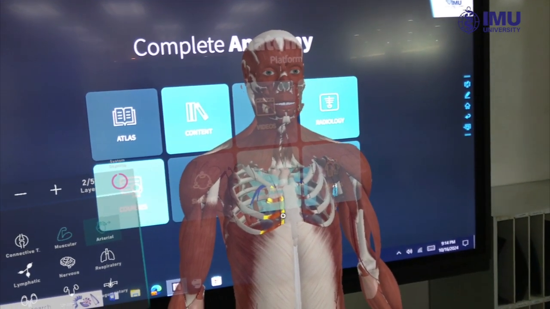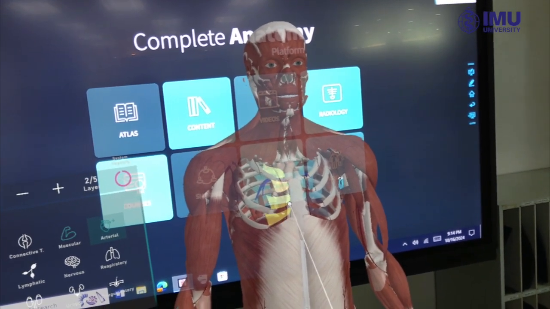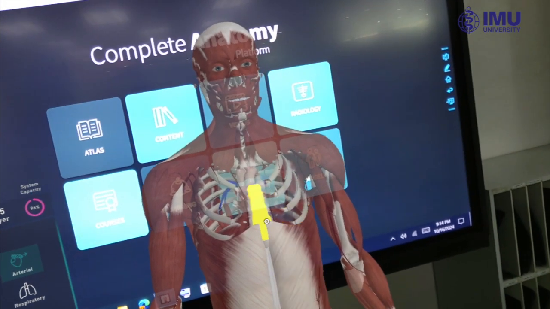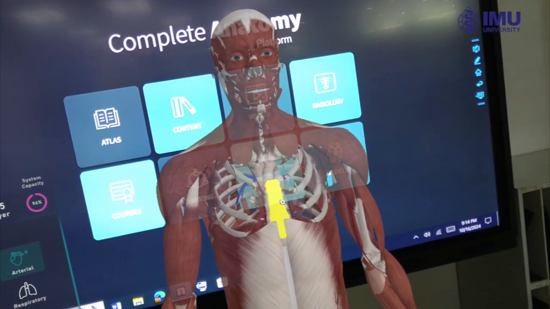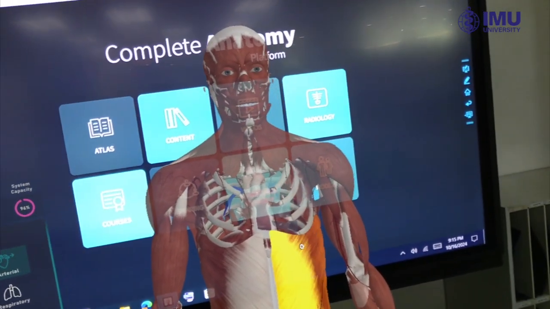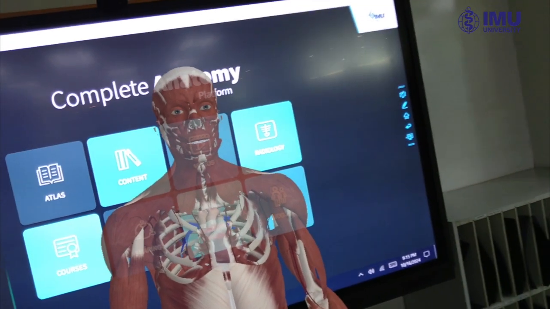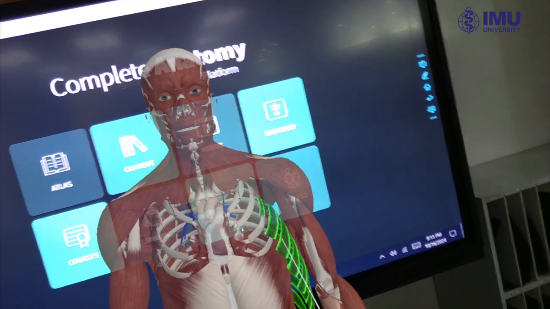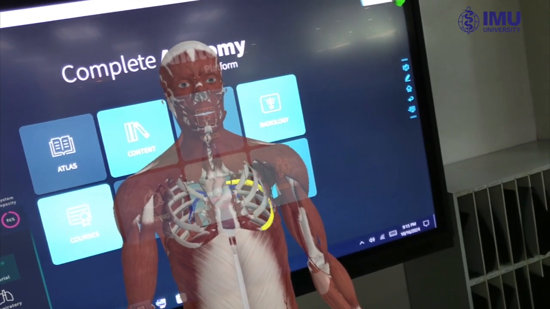This is the right transversus thoracis, with some of the costal cartilages which have been removed. This is the body of the xiphoid process with the remaining part of the transversus thoracis muscle. Other parts of the ribs have been removed. This is the innermost intercostal of the left side which has been removed. Let us now remove the ribs.